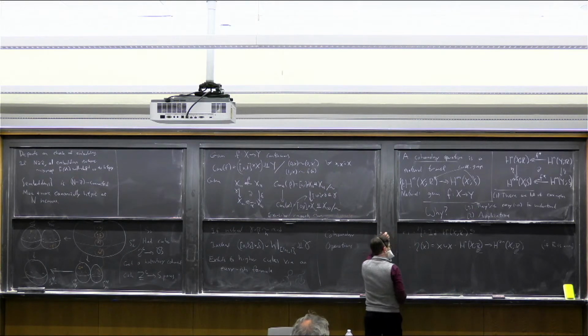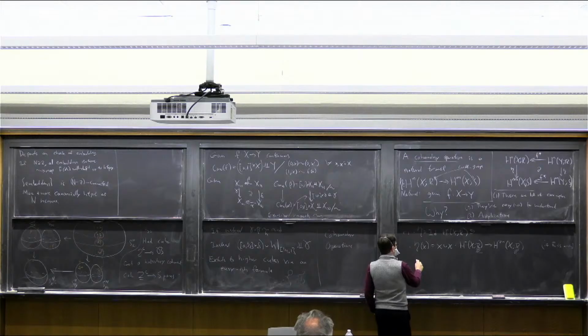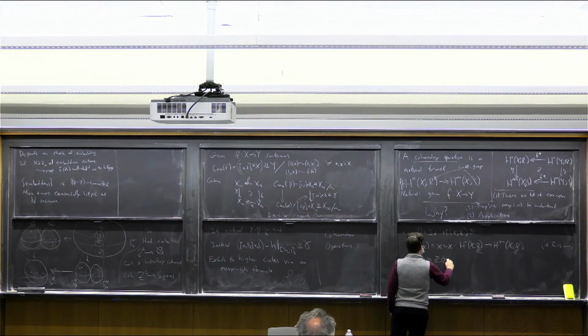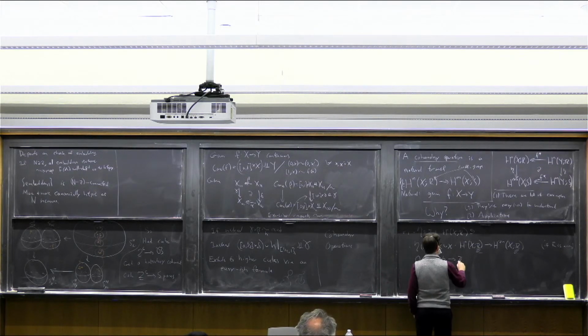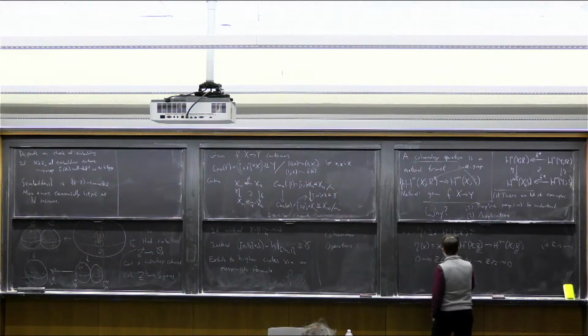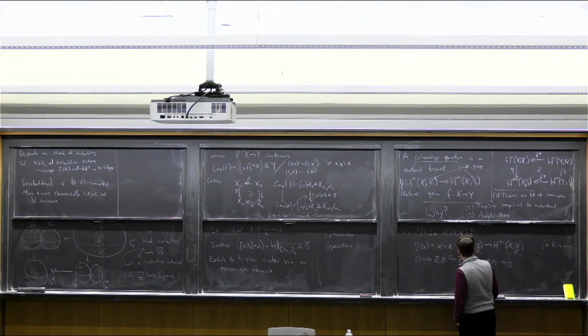There's one more before two more examples. So one more example. If I look at a short exact sequence of abelian groups, take any short exact sequence, but for example, this one is multiplication by 2.